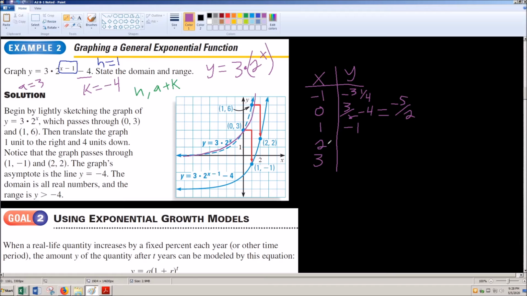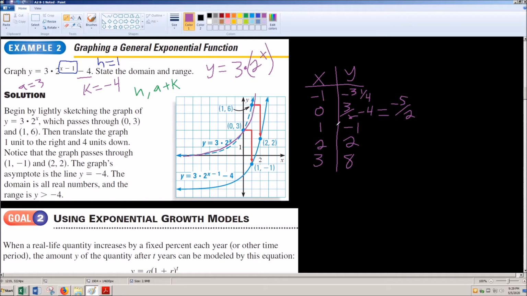Now when I look at 2, 2 minus 1 is 1, 2 to the first is 2, times 3 is 6, 6 minus 4 is 2. The last one, we got 3: 2 squared is 4, 4 times 3 is 12, 12 minus 4 is 8. And we're good to go. When we look at all these points, it's the same process, it's just that we're shifted a little over to the right here.